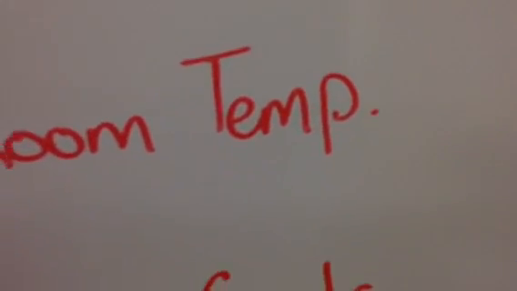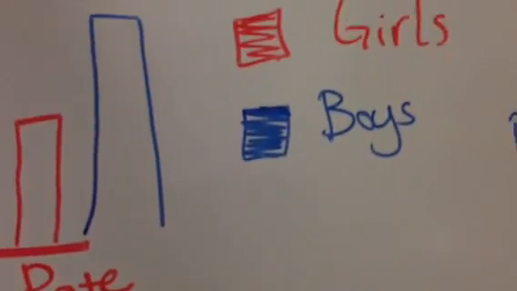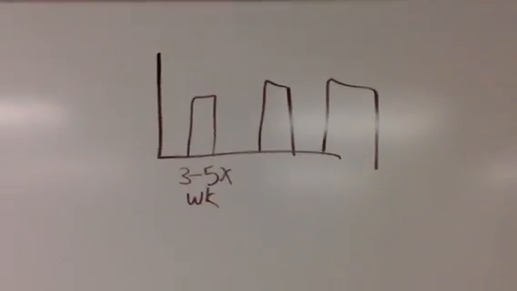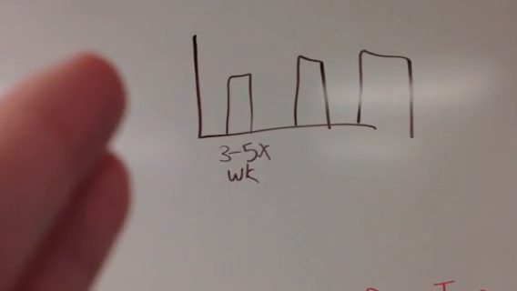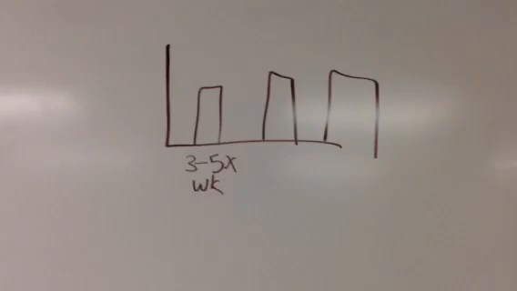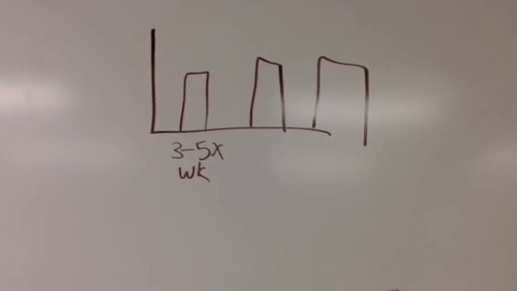So let's say for the first one here, I've got 3 to 5 times a week. Okay? And then on my y-axis, I'll have the numbers, like how many students drink 3 to 5 soft drinks per week.